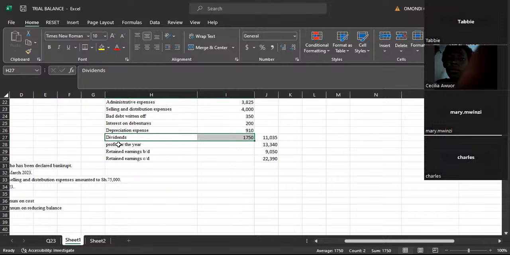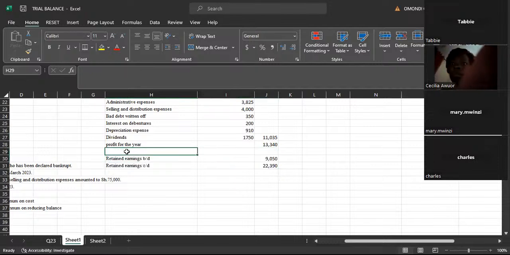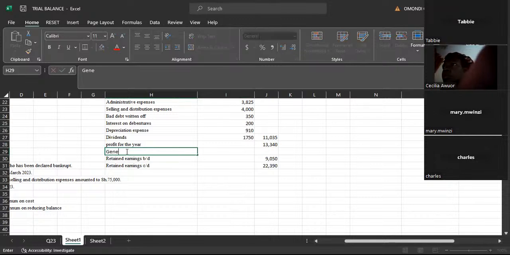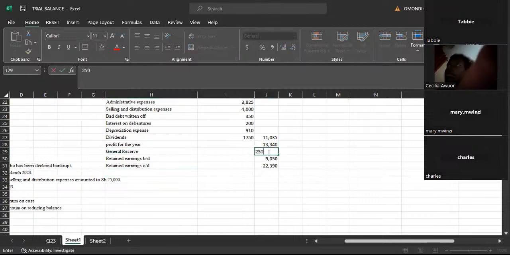So we can have our dividends there, but transfer to general reserves is not an expense. So we can just have it here after the profit for the year. We can have general reserve of 2,500.